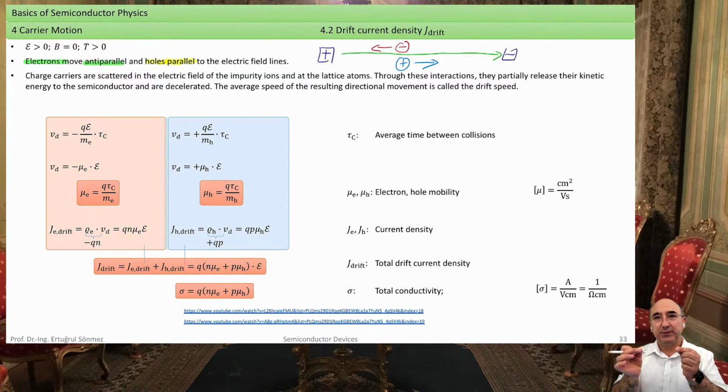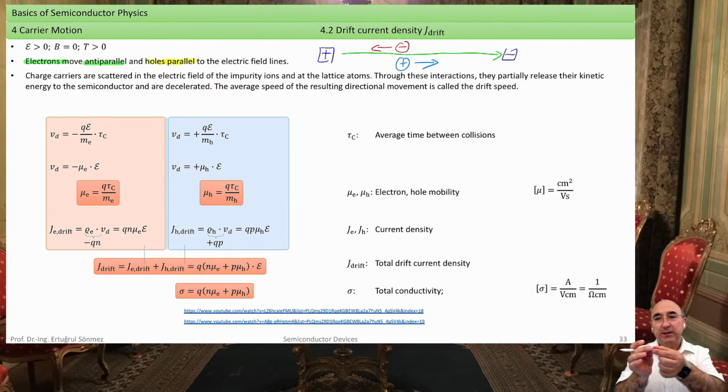If you have an ohmic resistor, it is not a vacuum. There are some electrons inside this material. What is voltage? Voltage over a distance is electric field. I repeat, electrical engineering, first semester. You apply 1 volt in 1 meter, you have 1 volt per meter electric field.